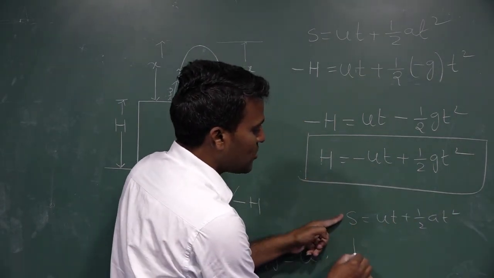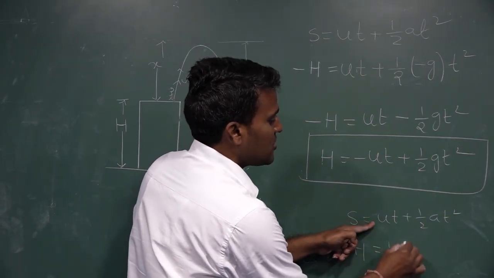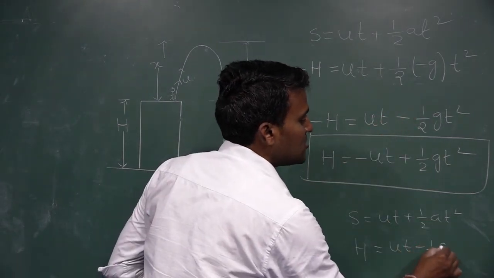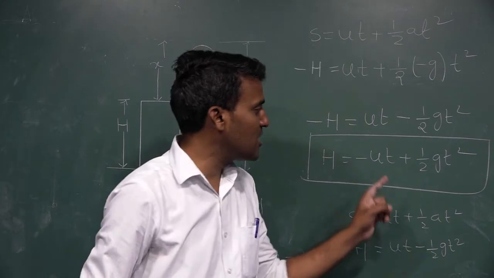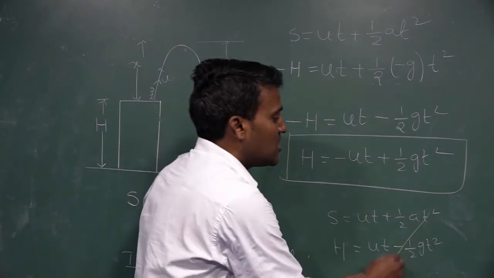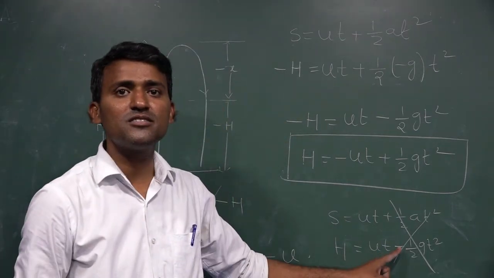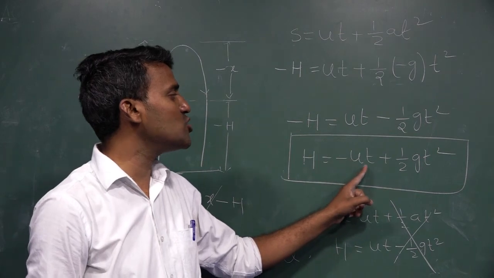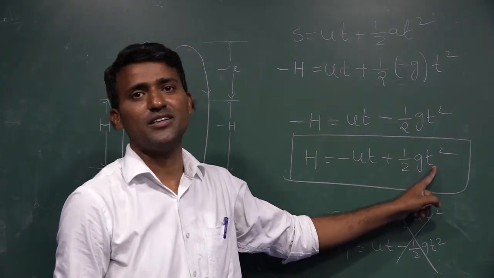They take s as h, u as positive since the object is projected upward, and minus half gt square. But here the minus indicates minus ut. This is not a correct equation. If you assume like this, it is the wrong assumption. You have to take the equation h is equal to minus ut plus half gt square, isn't it?